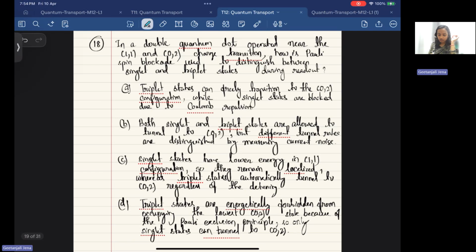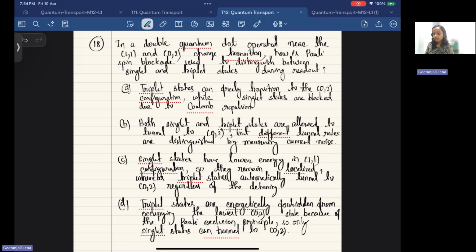Question number 18. In a double quantum dot operated near the (1,1) and (0,2) charge transition, how is Pauli spin blockade used to distinguish between singlet and triplet states during the readout?